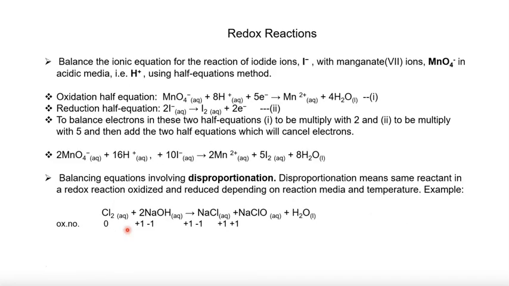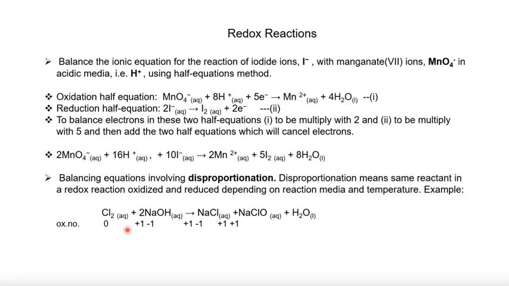Well, another example I'm taking, you might get a question like this in your exam. It is an ionic reaction in which iodide ion reacts with manganate ion in acidic media. Using this information, you have to balance the redox reaction using the half equation method. From this, we can see which one is oxidizing and which one is reducing, or otherwise we have to find out the oxidation half equation and the reduction half equation first.